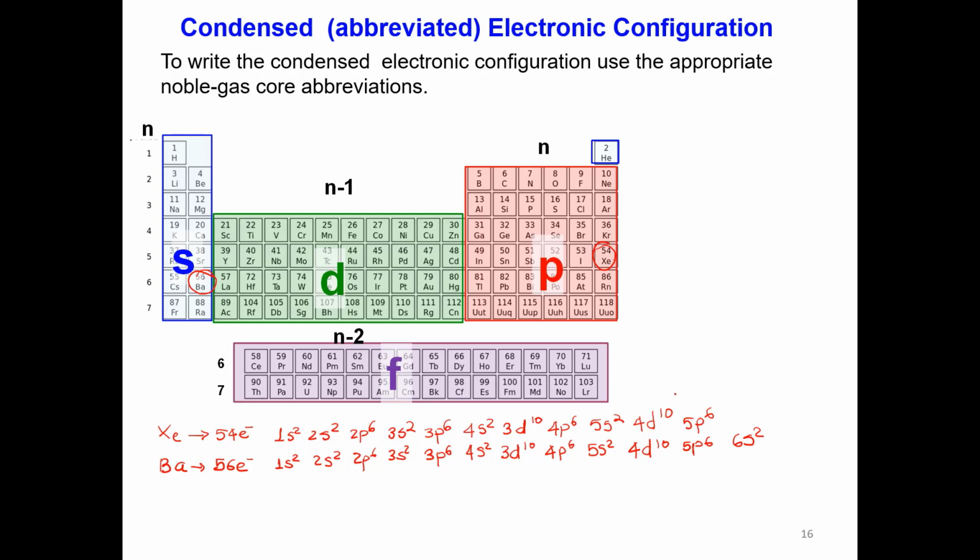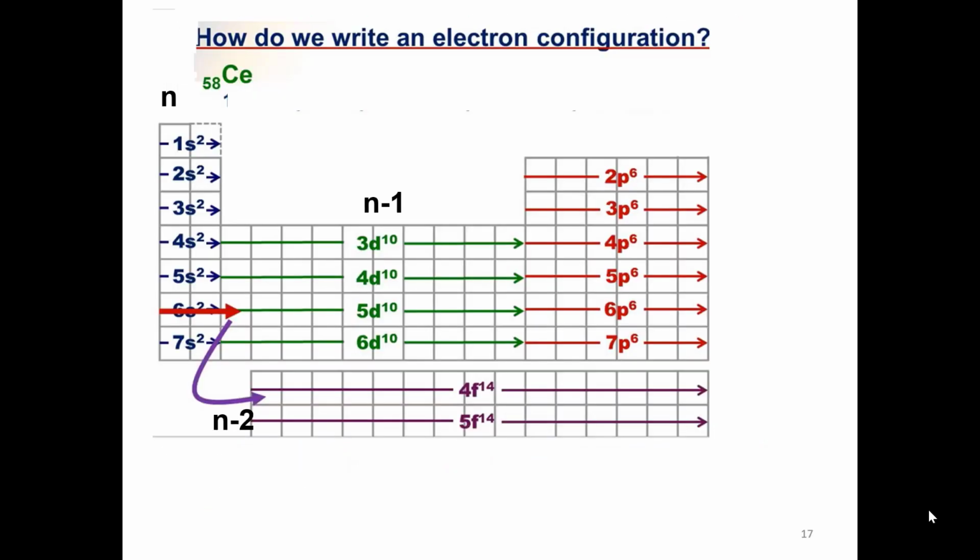Then we can write, instead of repeat all this, we can write the electronic configuration for barium like xenon using the brackets that indicate this corresponds to xenon, and just we will add this part. This is how we can write the electronic configuration in condensed way.